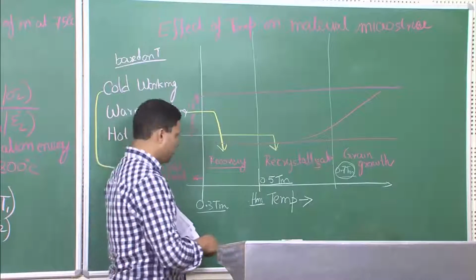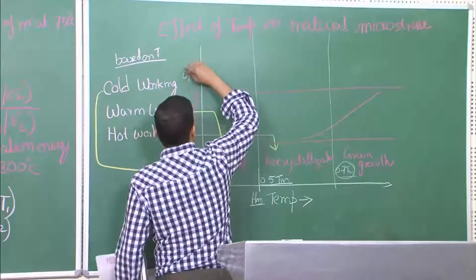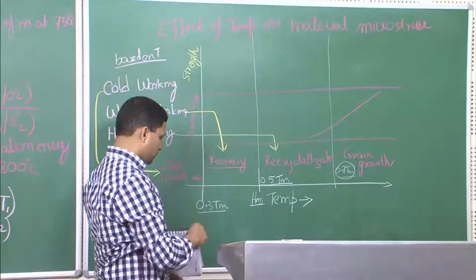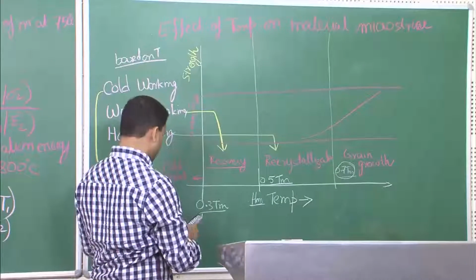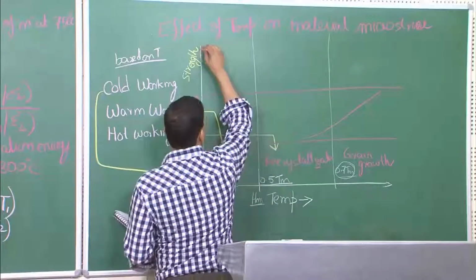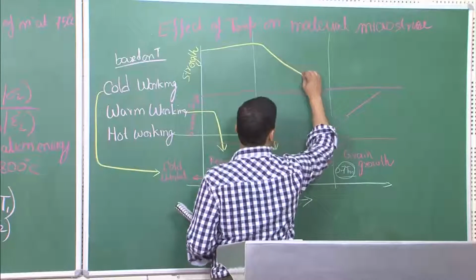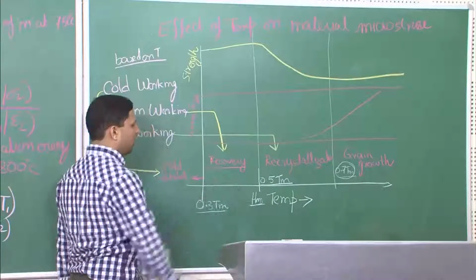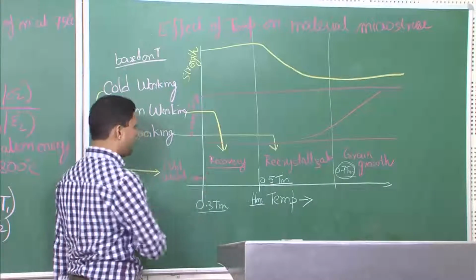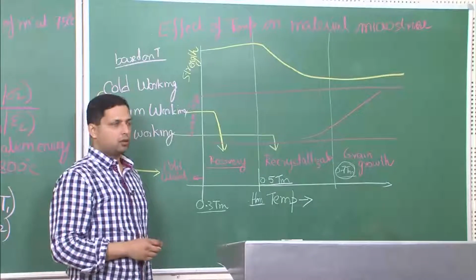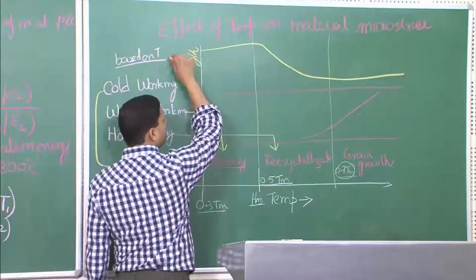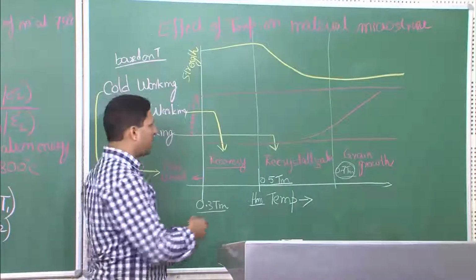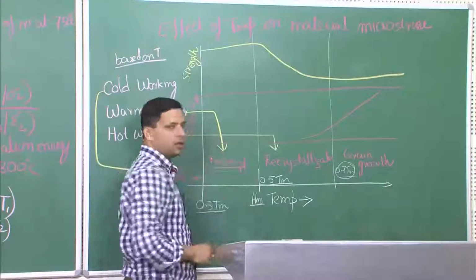Now, grain size, like I said, is one of the very important parameters that describes the strength of the material, and therefore let us look at the variation in the strength value. If you are in the recovery zone or less than the recovery zone, which is the cold work zone, then in those zones the change in temperature will not influence the strength at all, because the grain size remains constant until this point.